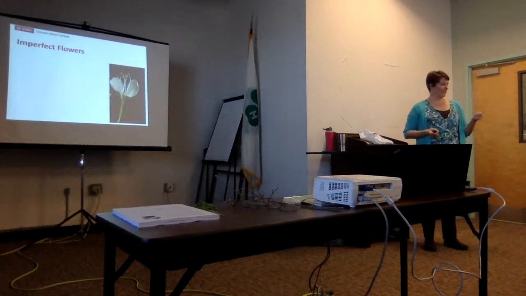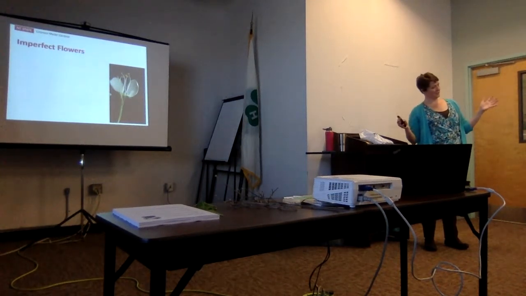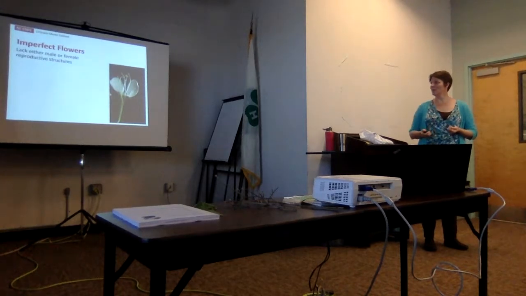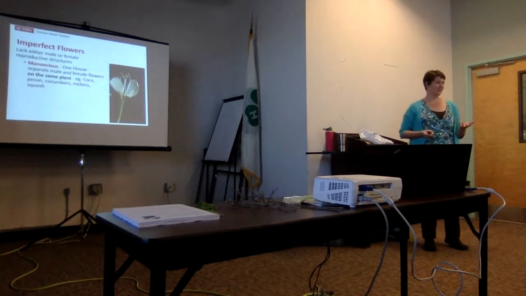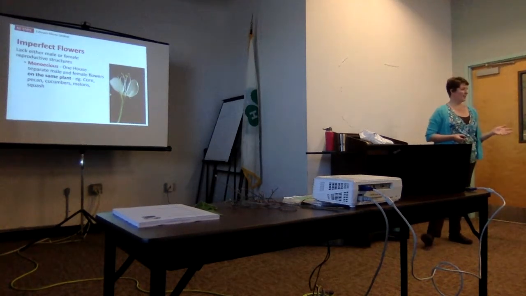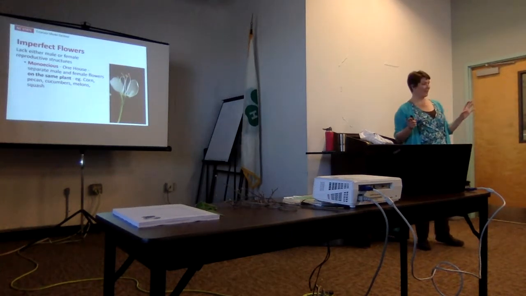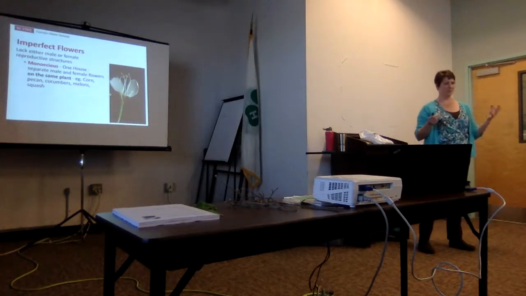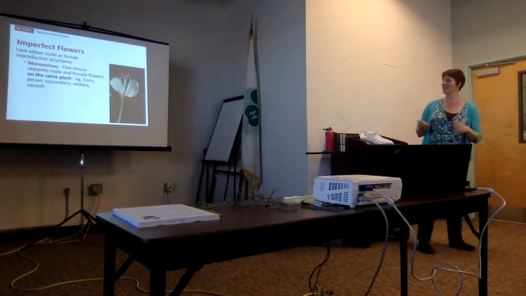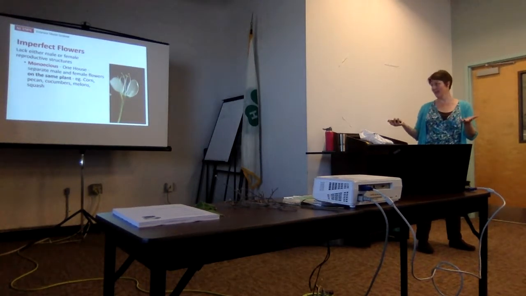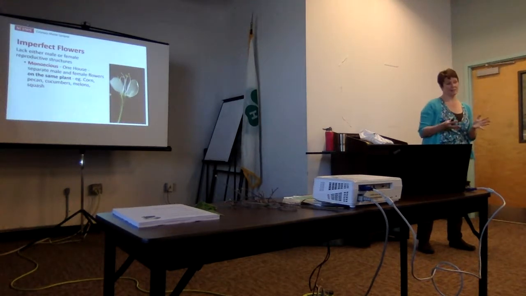And plants that have imperfect flowers fall into two different groups. They can be monoecious, so mono being one, and oikos somehow comes from house, so they live in one house. Monoecious is like people living in a monogamous relationship, a male and female together in that one house. So they're both on the same plant.